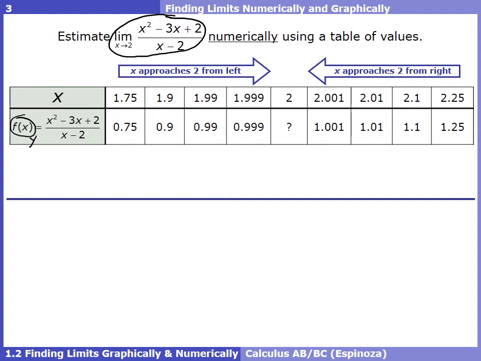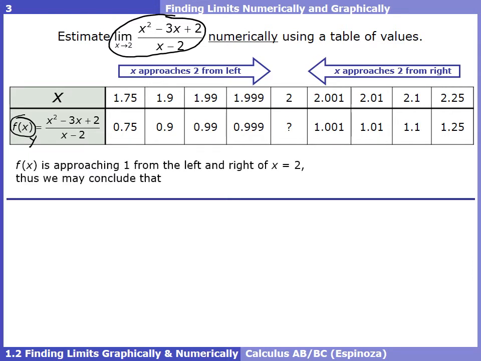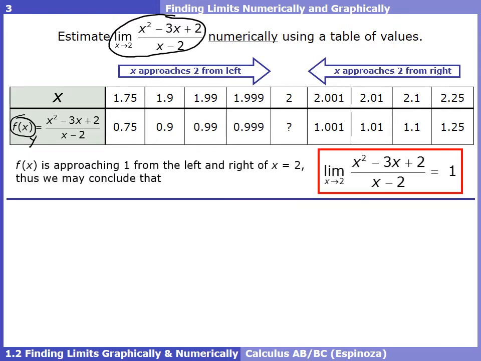So if we again use that analogy from the graphs from a moment ago, it looks like our left finger is approaching 1, it looks like our right finger is approaching 1. So because of that, we can conclude, using the limit notation, that the limit of this rational expression here is equal to 1.